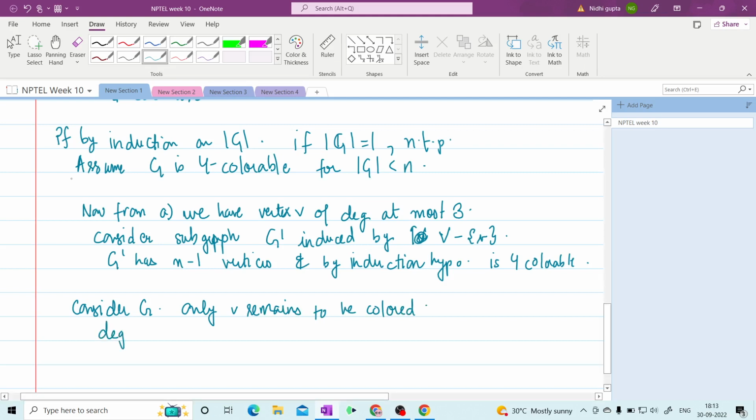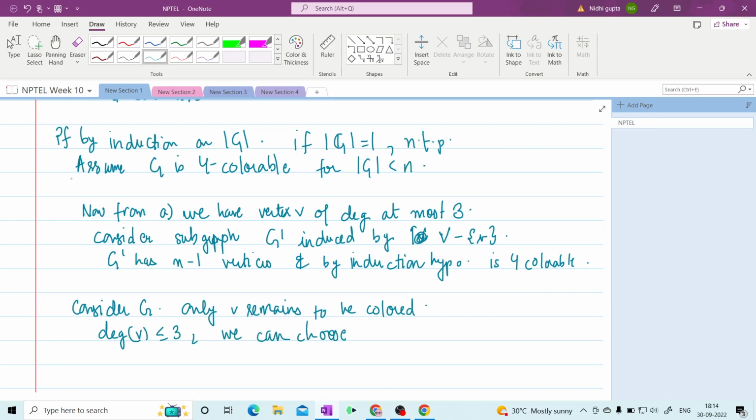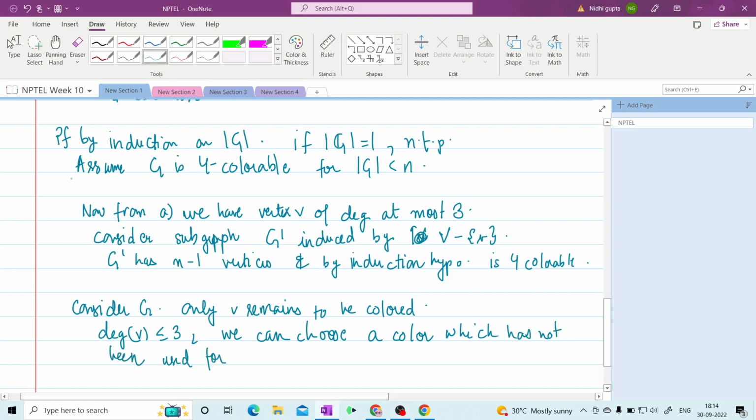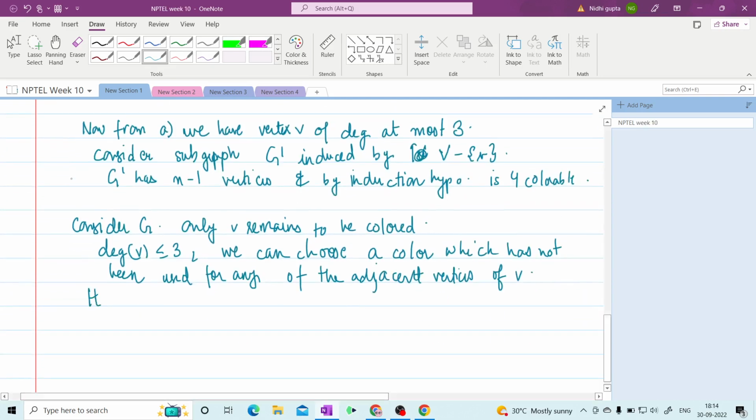So since degree of v is less than or equal to 3, and we have 4 colors, by the pigeonhole principle we can choose a color which has not been used for any of the adjacent vertices of v, and hence we are done.